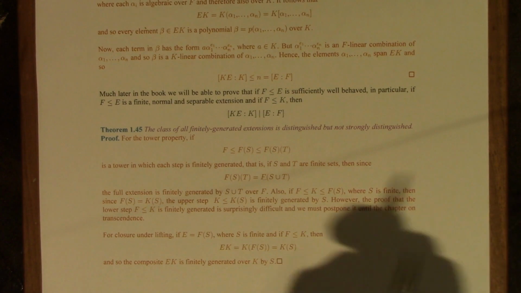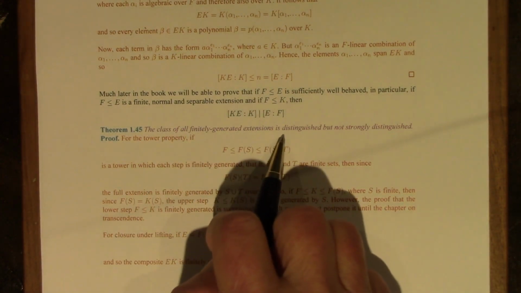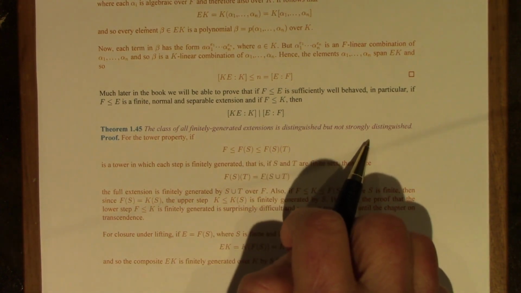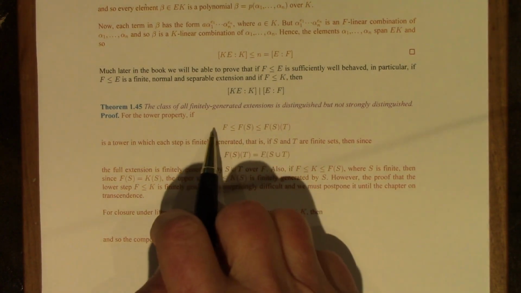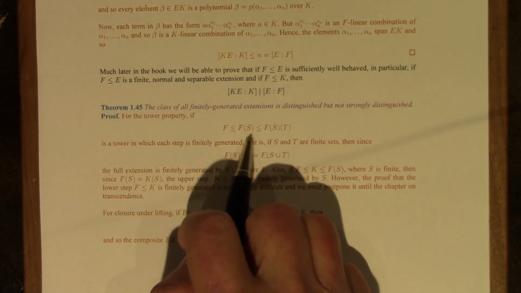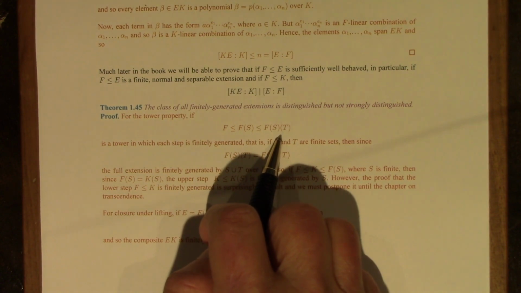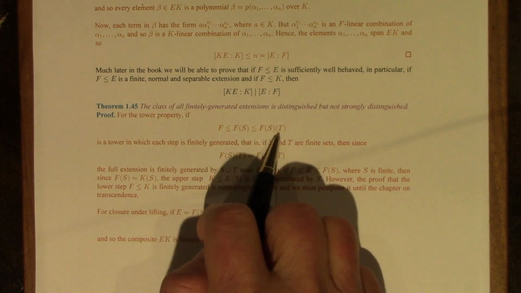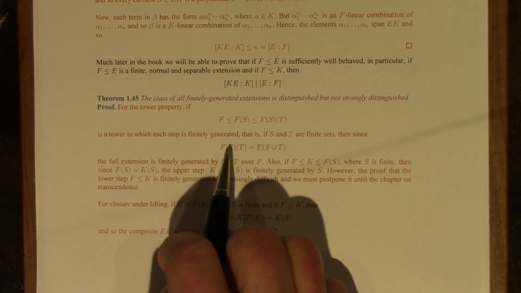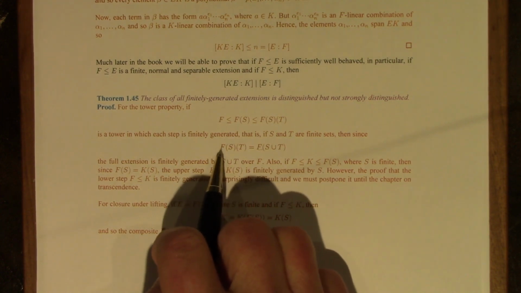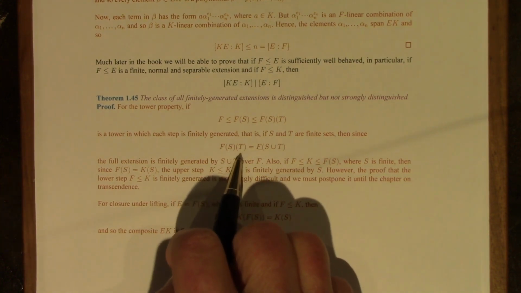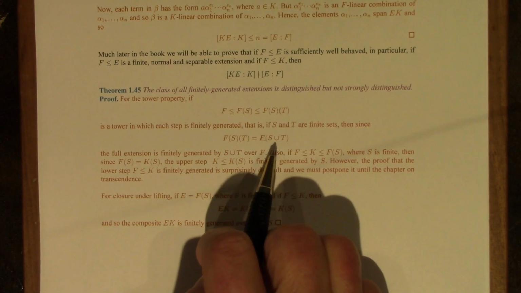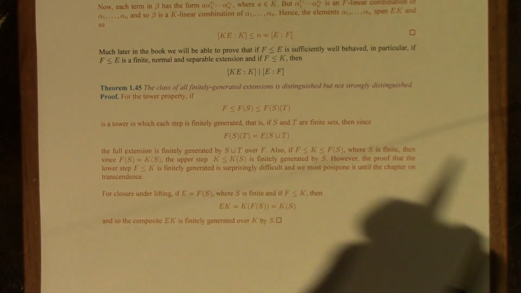As to finitely generated extensions, the class of finitely generated extensions is distinguished, but again, not strongly distinguished. As to the tower property, if we have a tower here where each step is finitely generated, so S and T are finite sets, then because the join F with S adjoined followed by T adjoined is the same as F with S union T adjoined, the full extension is also finitely generated.